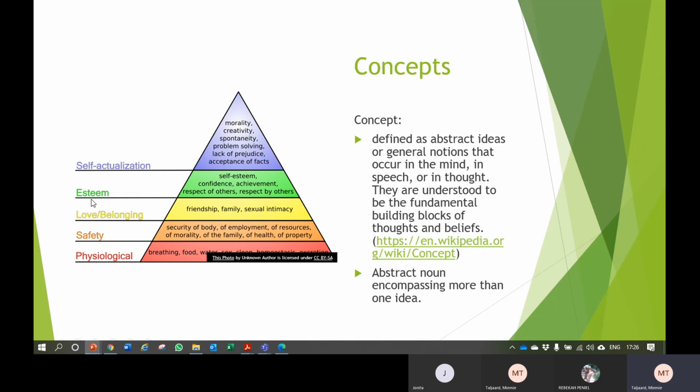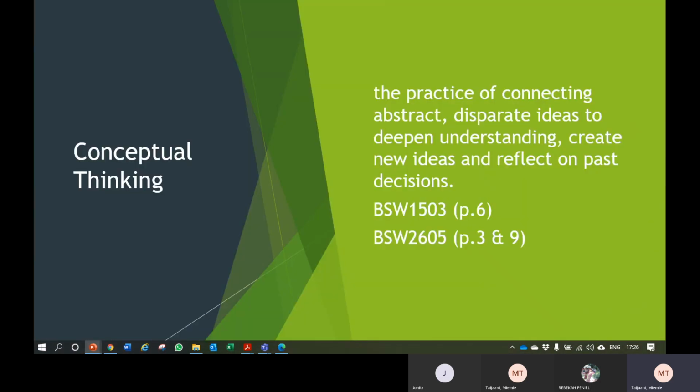But do you see that conceptual thinking has the ability to think about past decisions, and we create new ideas? And if I combine other theories with Maslow's, I take different ideas and connect them: new ideas, new decisions.